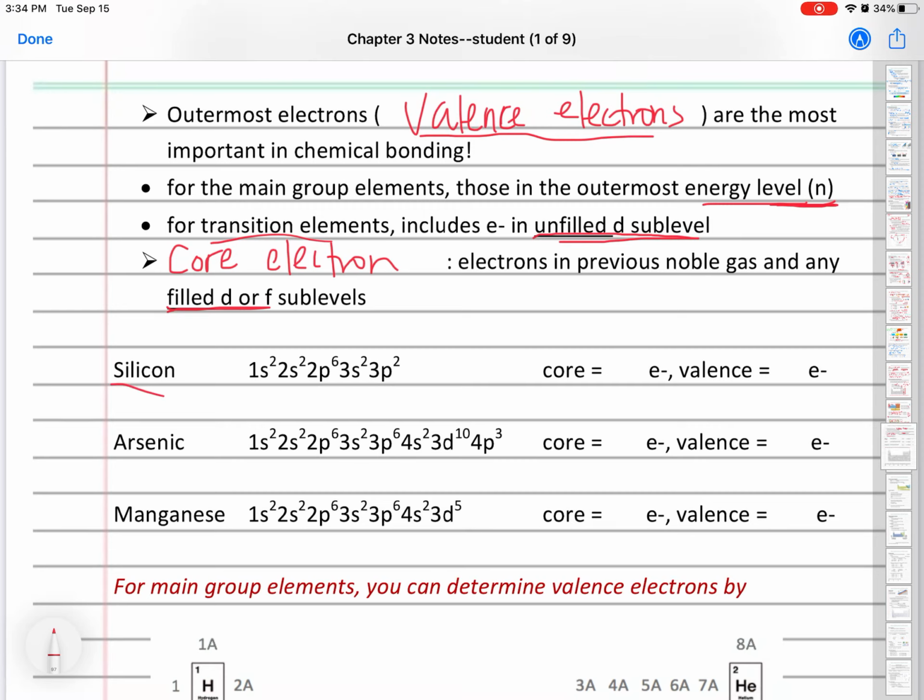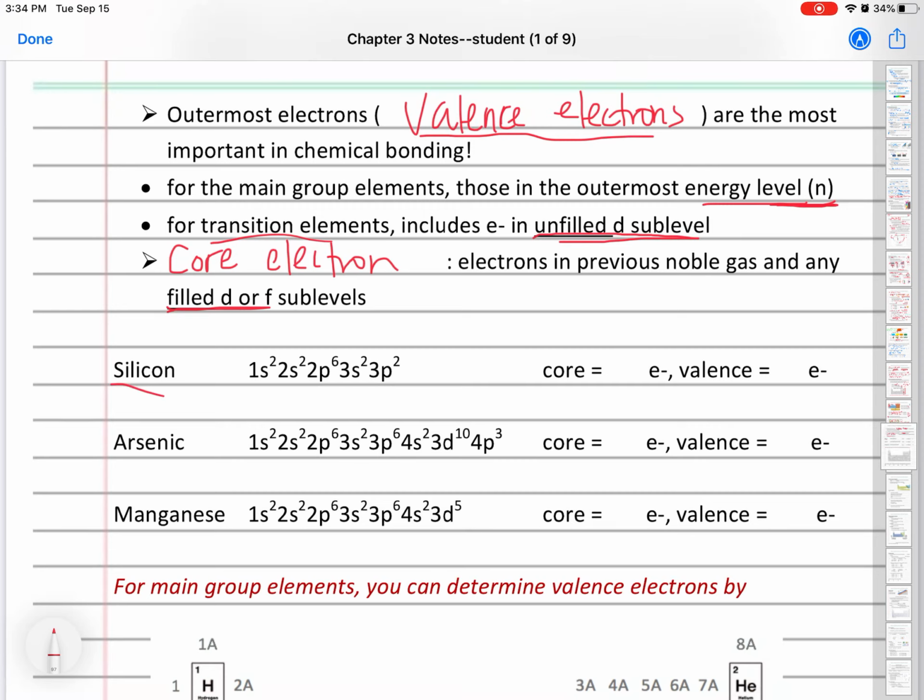That's 2 plus 3, which is 5 valence electrons, and all of the rest of them are core. I could add them up, but instead I'll look at arsenic and see that it is element 33. So 33 minus 5 means that the other 28 electrons are in the core.